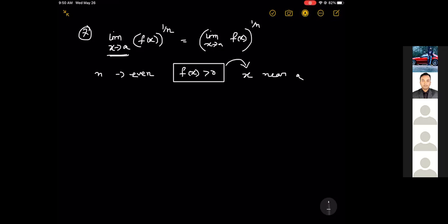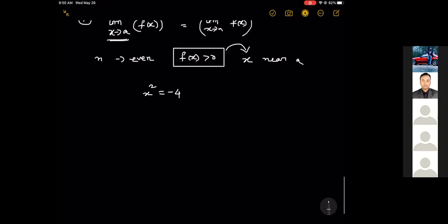So let's say if you have x squared, I'm just showing an example of why it's required to have a positive value for an even root. Let's say I have x squared equals -4. Can you solve it for x?